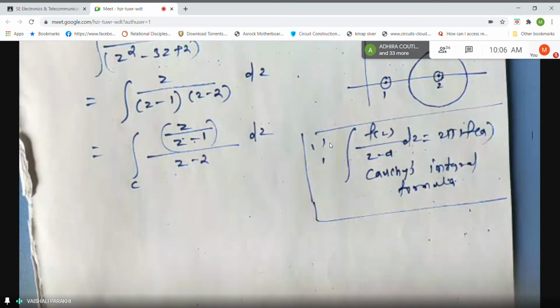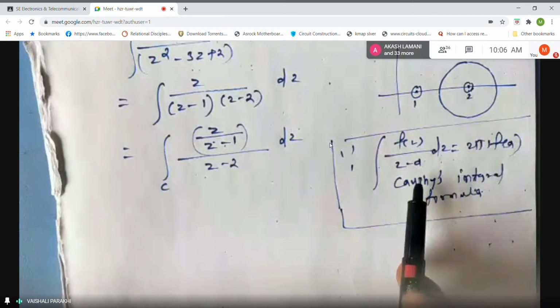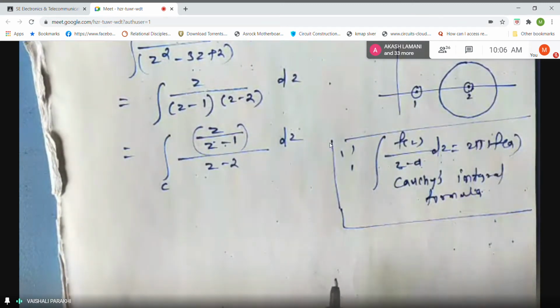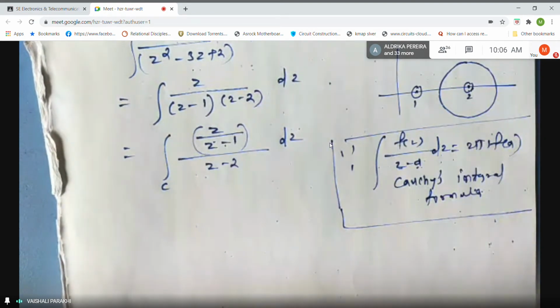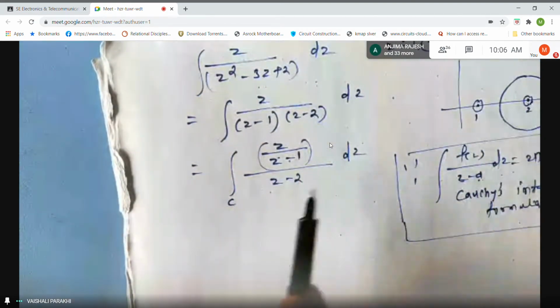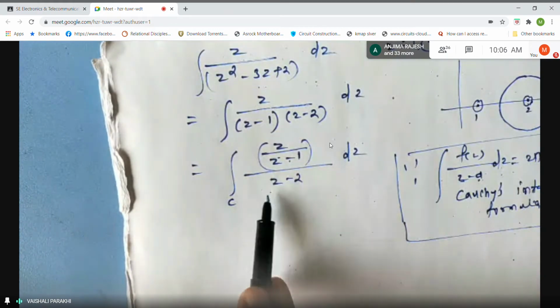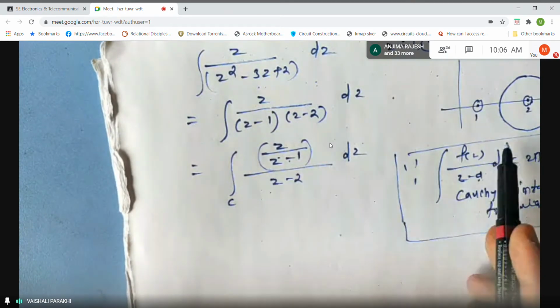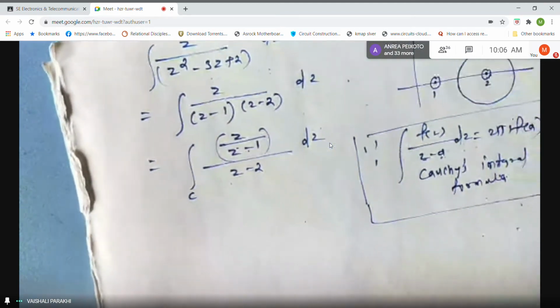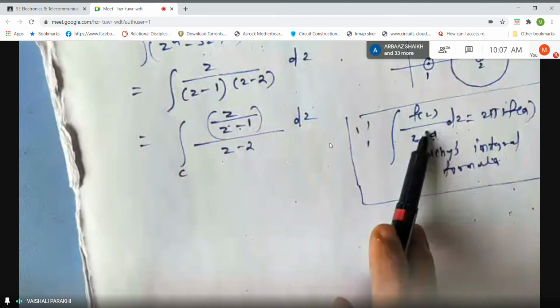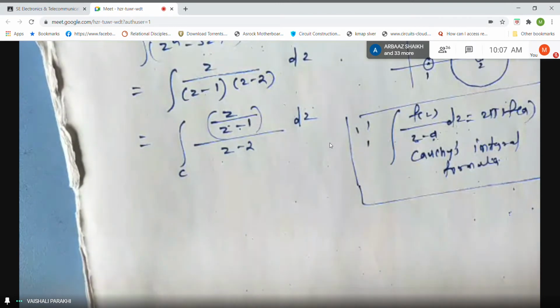Whenever you are solving such type of problems, only z minus a should remain in the denominator, where this a is inside the circle. So here, which is a? a is 2. So z minus 2 is remaining only in the denominator. And what is f of z? All the remaining part of the function is f of z. So to convert it in this form, you have to do this arrangement. Okay? Any doubt here, students?